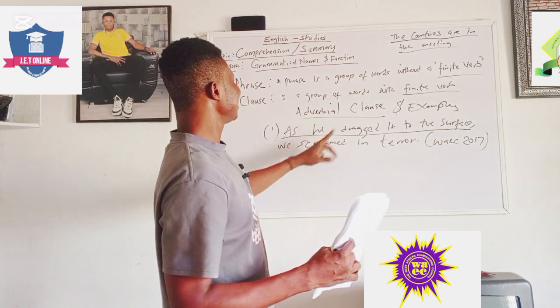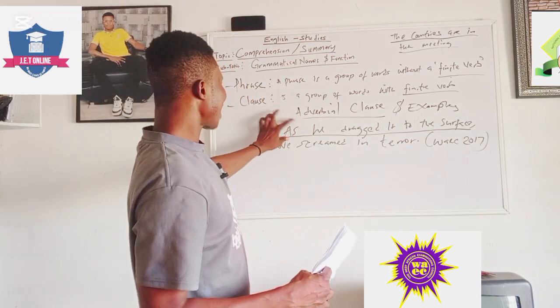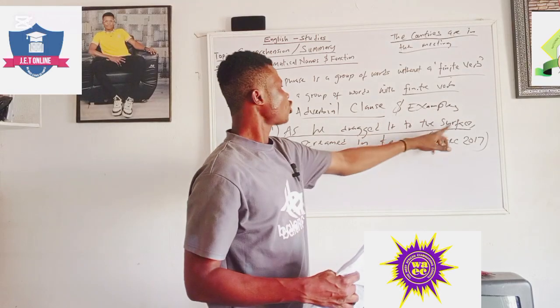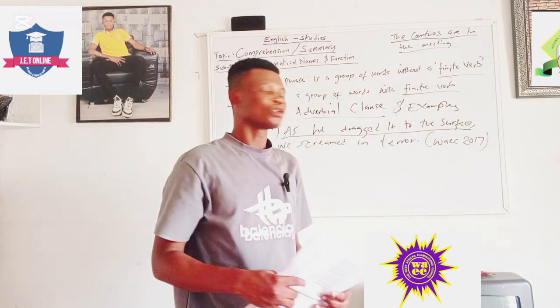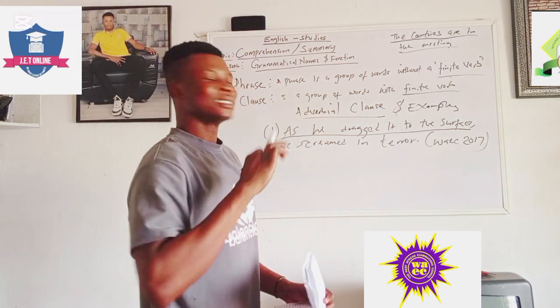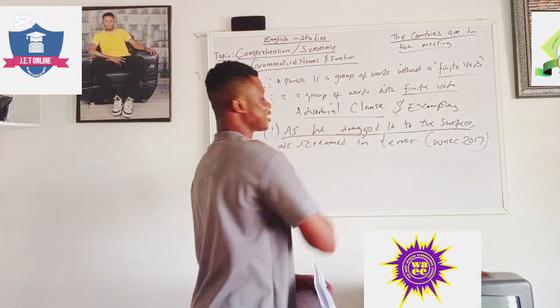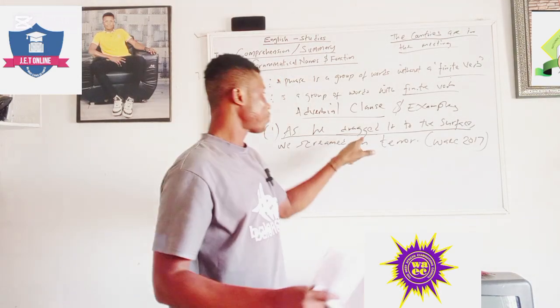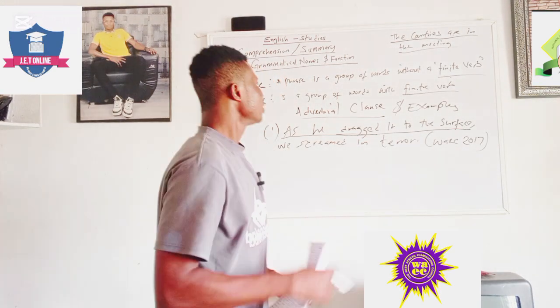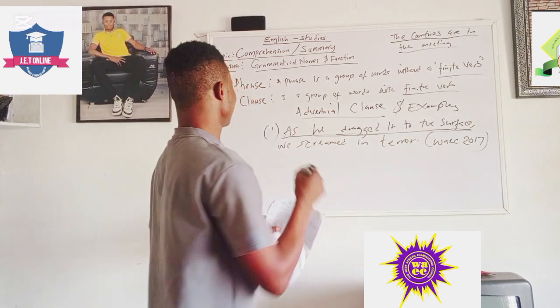So as he dragged it to the surface, we look at an element of an adverb, as. So you should be able to discover that this is an adverbial clause. And remember, the verb we have in this expression, dragged, is a finite verb, the past form of a verb. So that is why this is an adverbial clause.